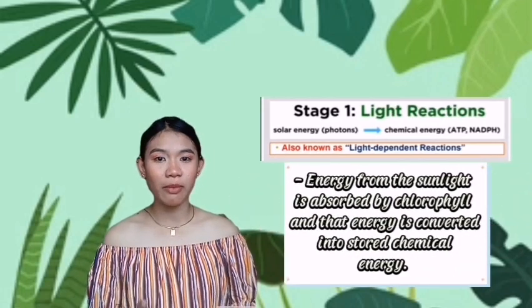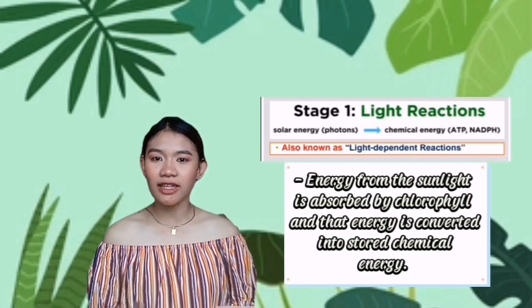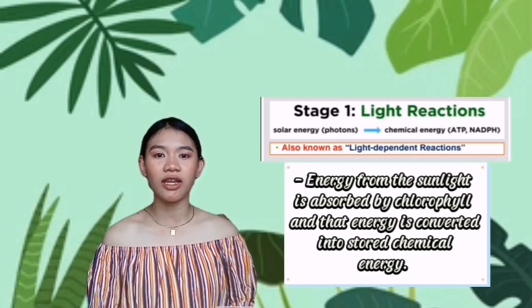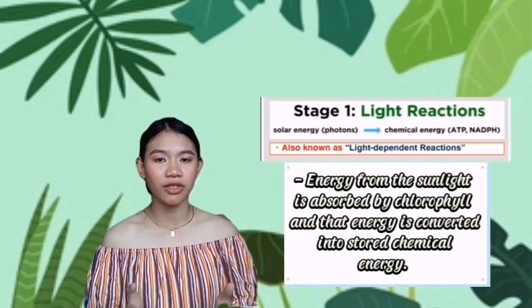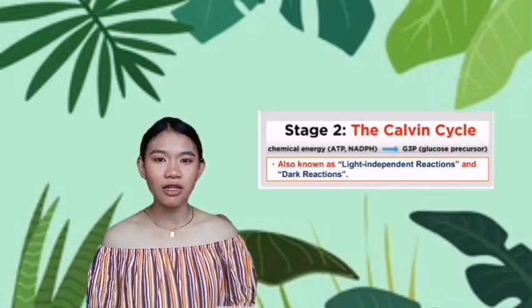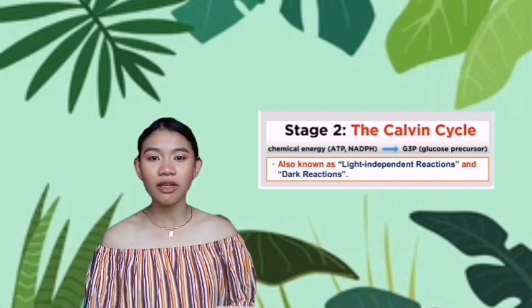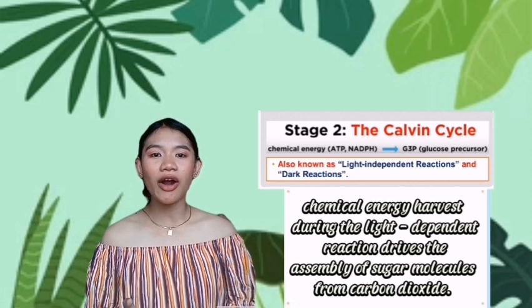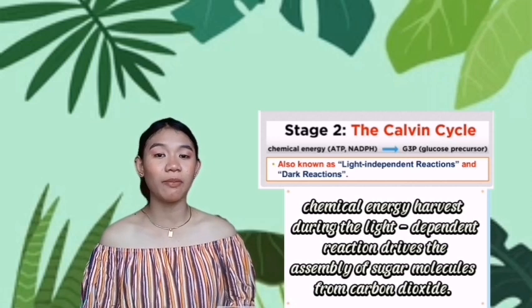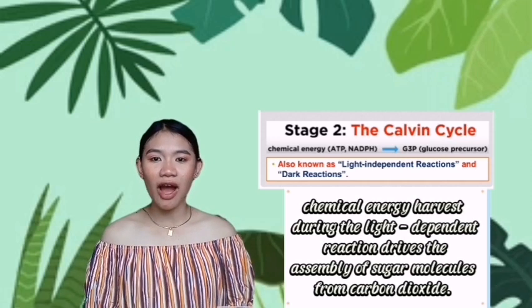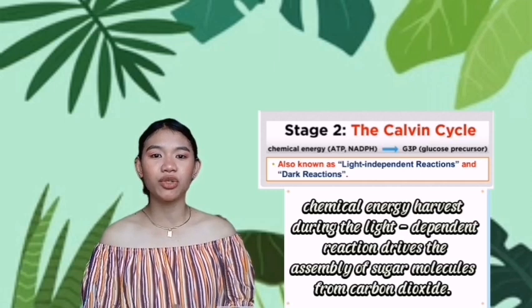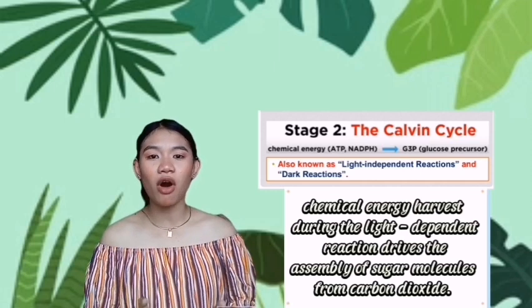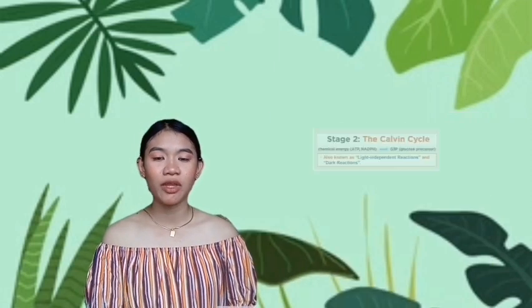is absorbed by chlorophyll, and that energy is converted into stored chemical energy. On the other hand, in the Calvin cycle, or light-independent reactions, the chemical energy harvested during the light-dependent reaction drives the assembly of sugar molecules from carbon dioxide.